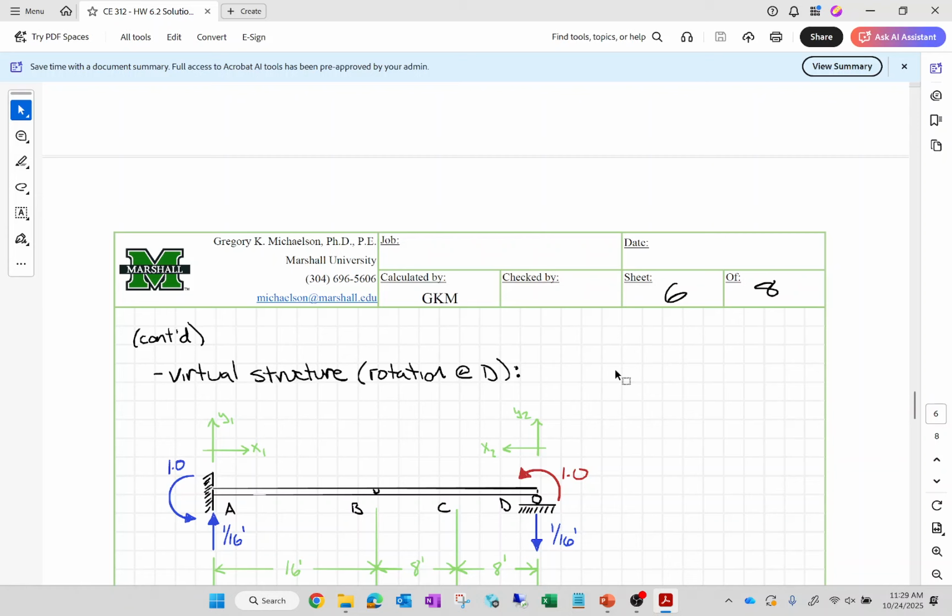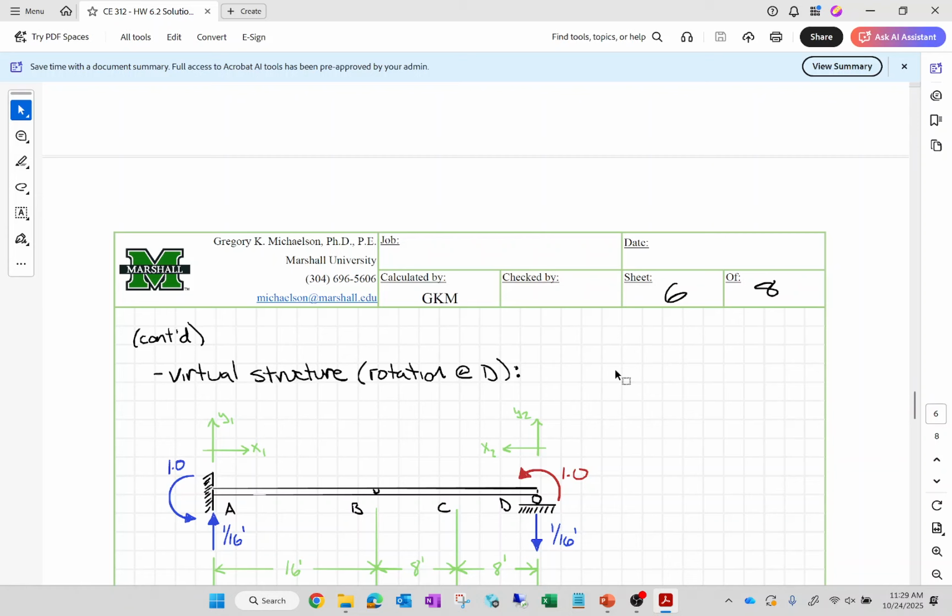So we know we have that. But wait a minute, do I have a moment? No, I don't have a moment because I cut a section through a hinge. So we don't have to worry about that. Okay, I've got this reaction here. I have a moment arm of 16 feet.